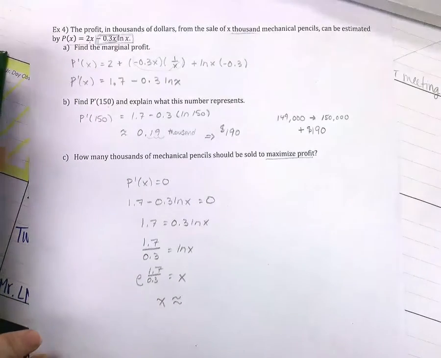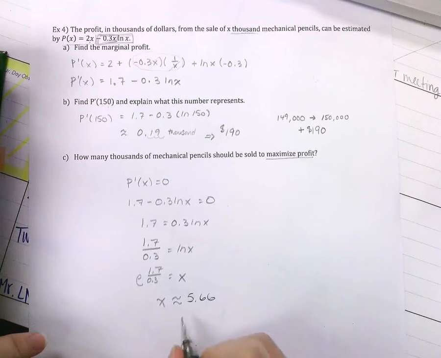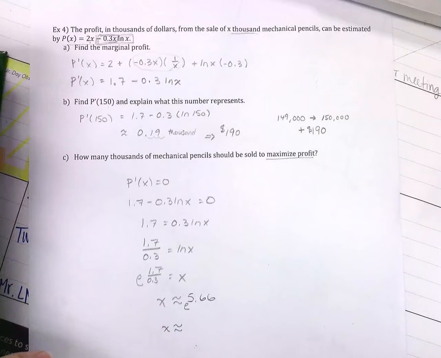So what is that? 5.66. But I didn't do the e to the x though. That's okay, just e to that. So bigger than that. 289. So that means 289,000 pencils because it's in thousands.